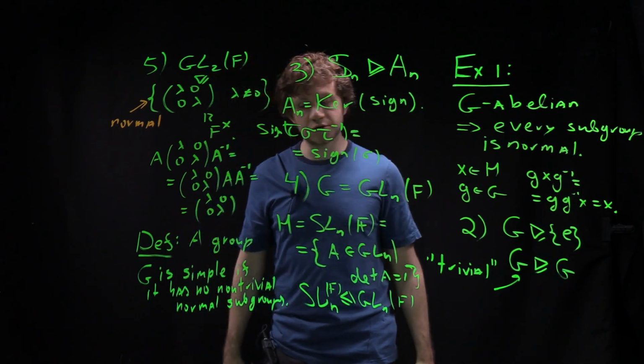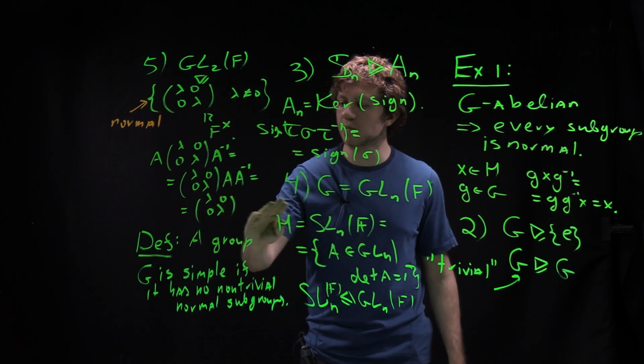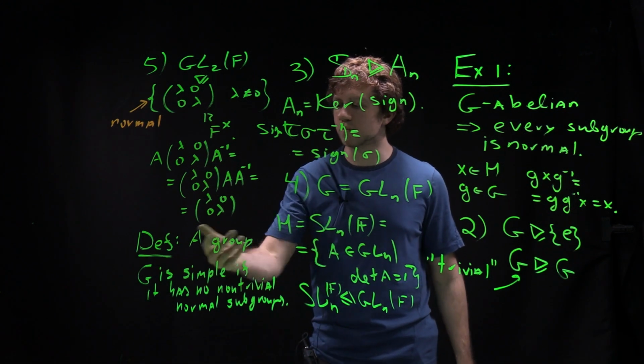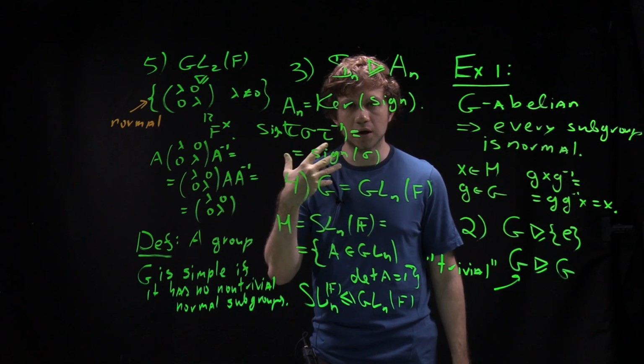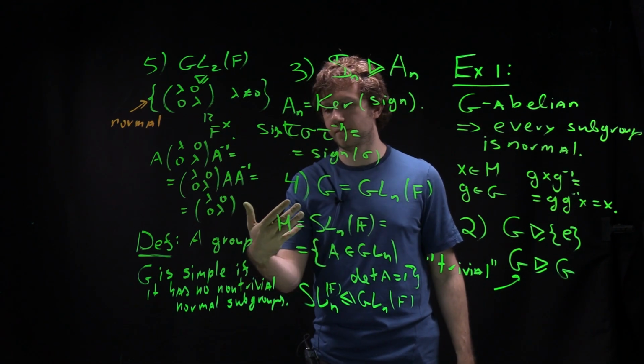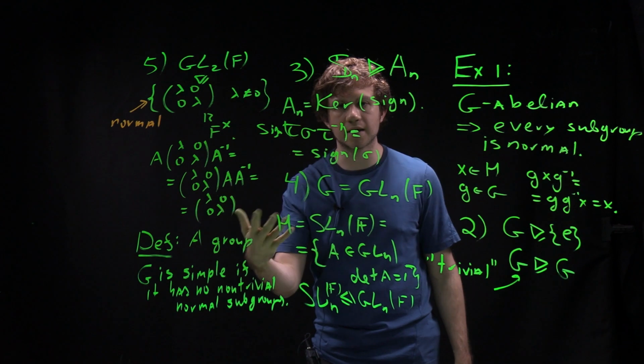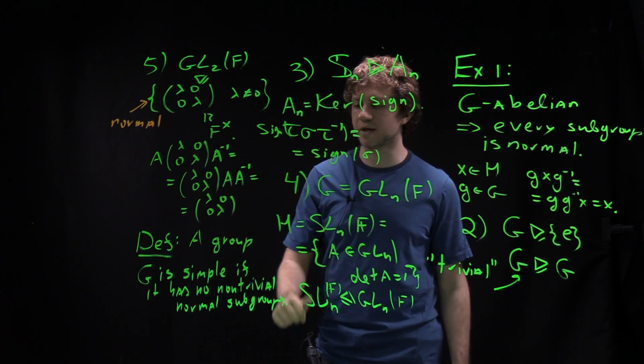That's not easy at all, but clearly the most complicated groups to study from this perspective will be simple groups, because there is no way to simplify them by looking at some homomorphism from them.